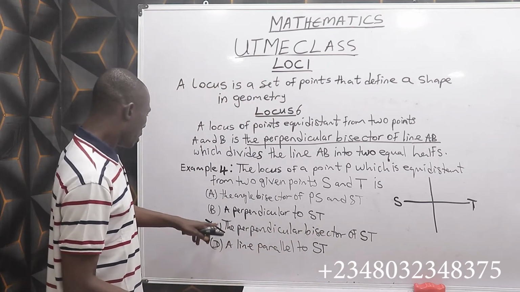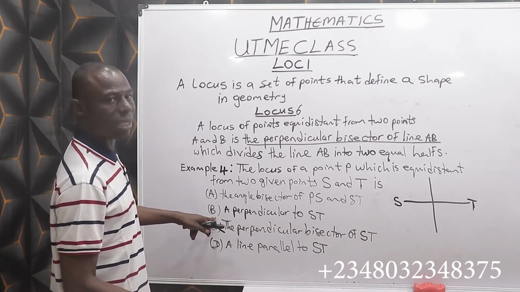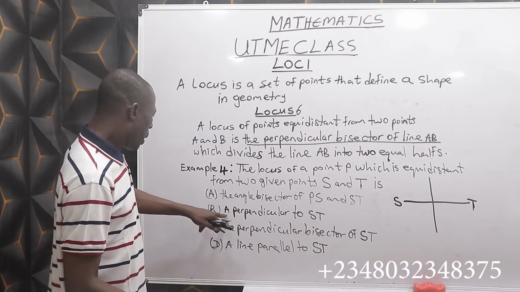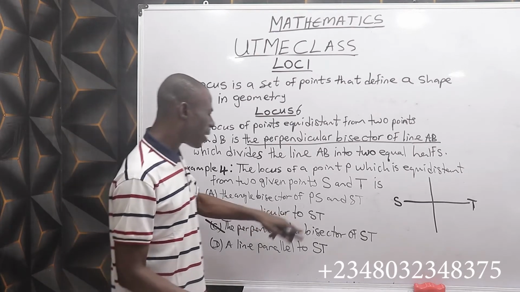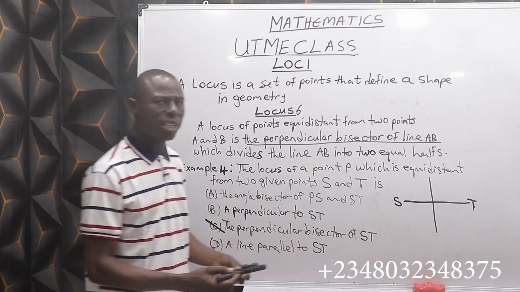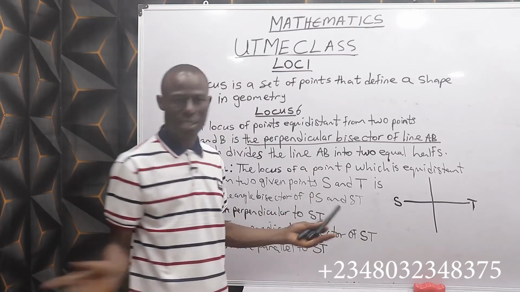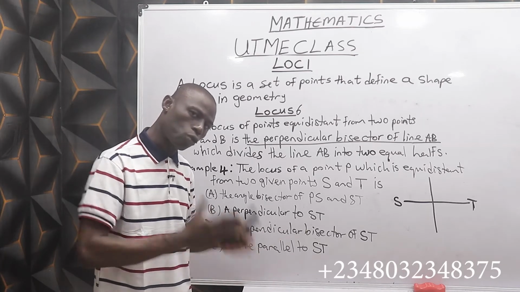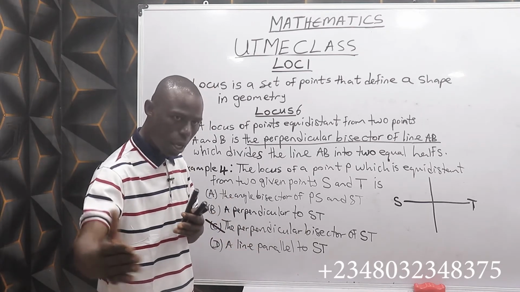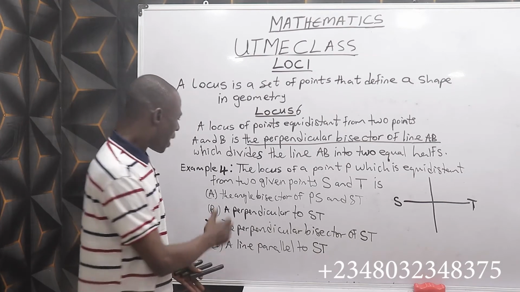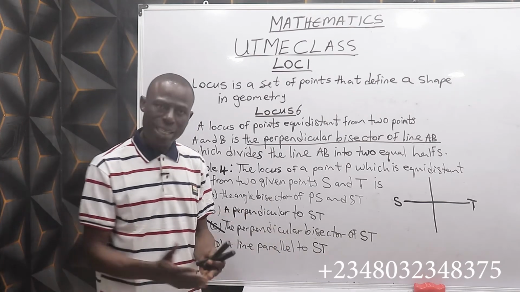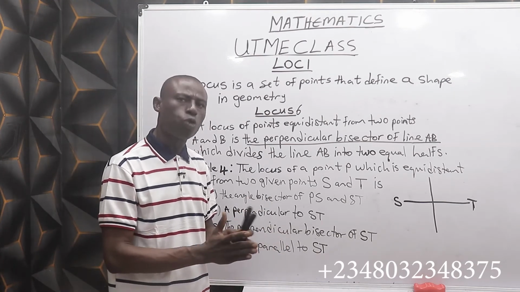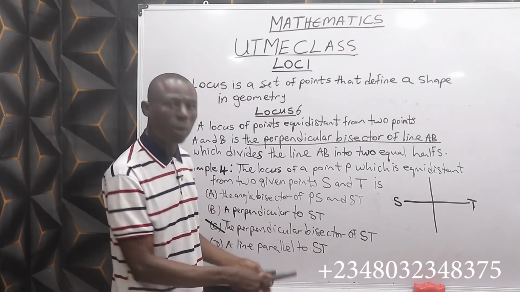So, the reason option B is not correct is that a perpendicular line to ST may not necessarily be a bisector of ST. A bisector of ST divides ST into 2 equal halves. So if it is a perpendicular bisector, then it divides it into 2 equal halves and it is perpendicular to it.